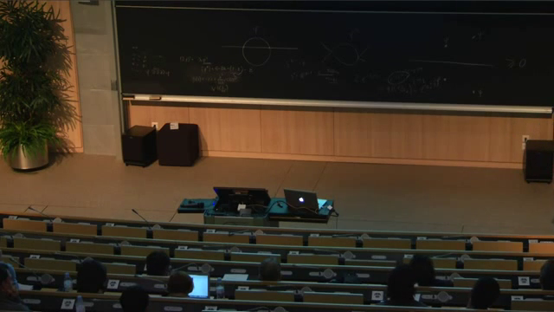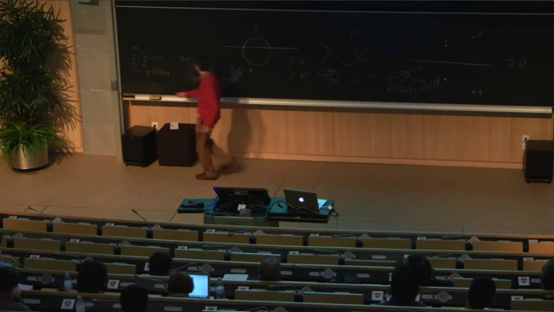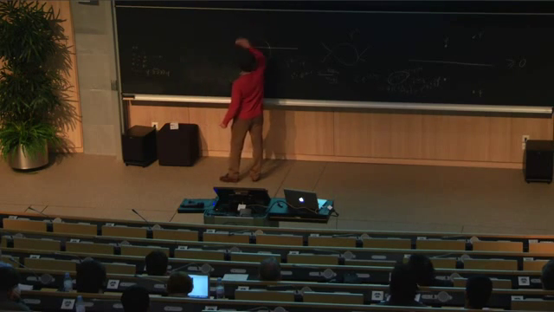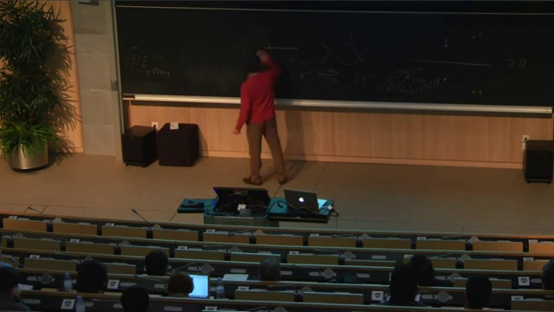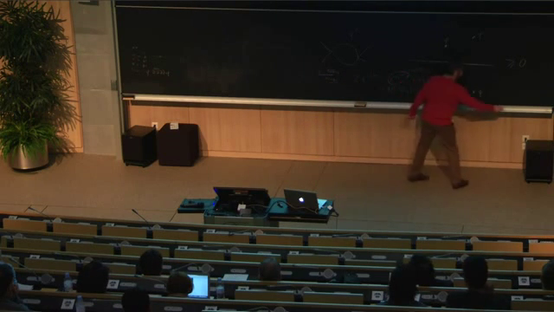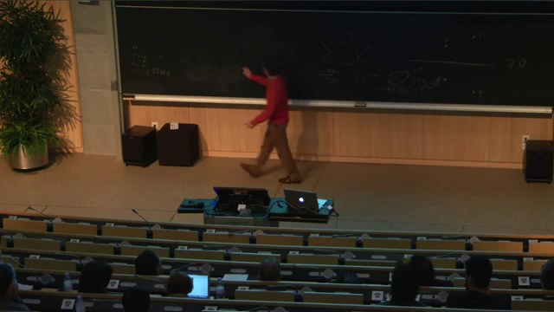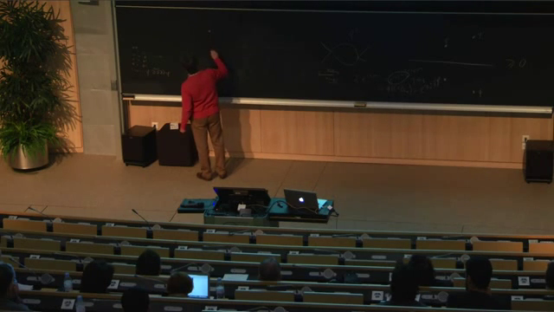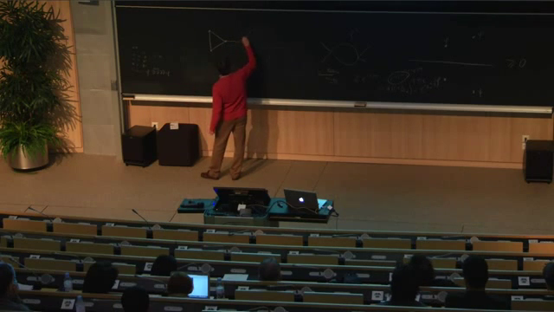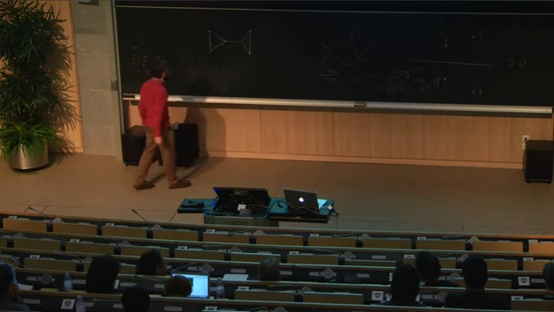Now, let's take this 4-point function. Maybe I should use the blackboard. The conformal block is defined by using the OPE. Let me denote it schematically like this, and then fusing it with another OPE on the other side. This is going to be the conformal partial wave.